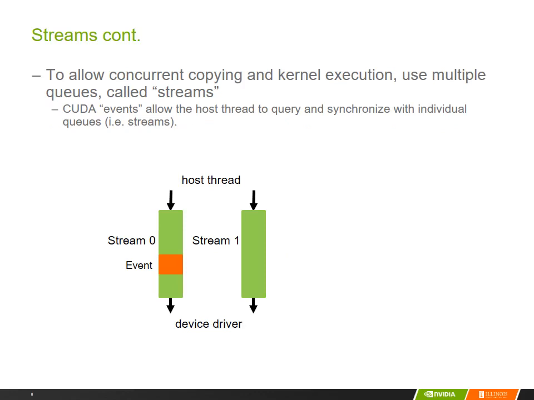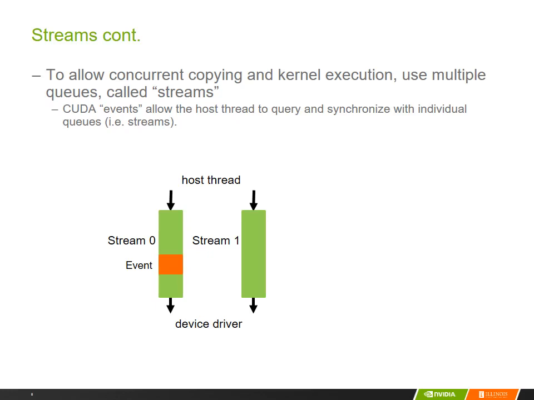Now let's look at what's happening between the queues. So now we show 2 streams, and each stream will contain its own commands. If we have a command with the parameter 0, it will go into stream 0, and a command that comes with stream identifier parameter 1 will go into stream 1.